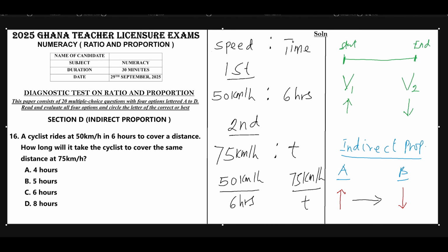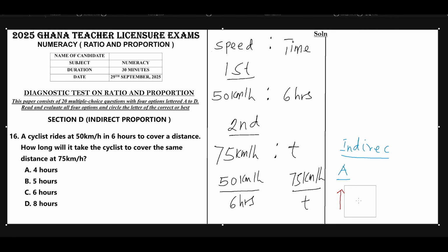But here we have to do something. Once you've been able to identify that those two given quantities are related indirectly, then this is what you need to do. Before you set the equal sign, you need to interchange one of the quantities, and it is a matter of choice.